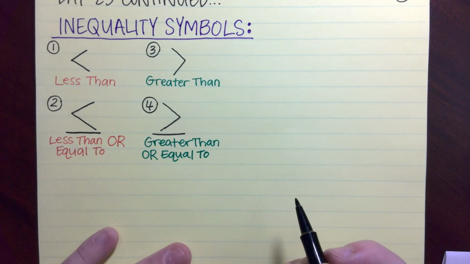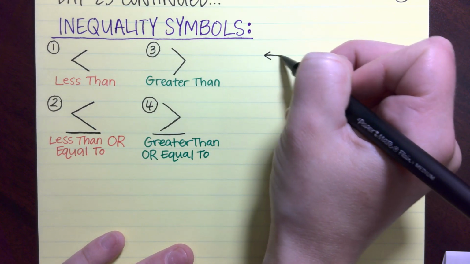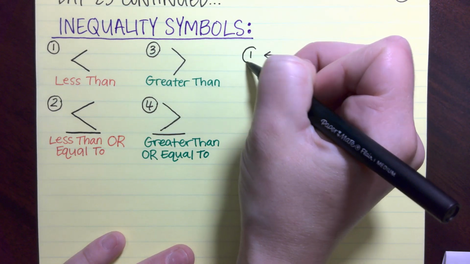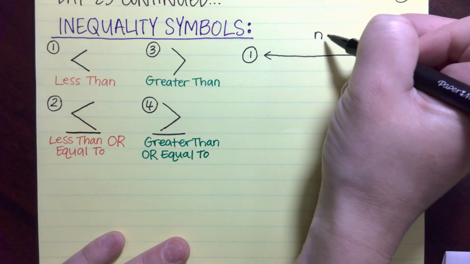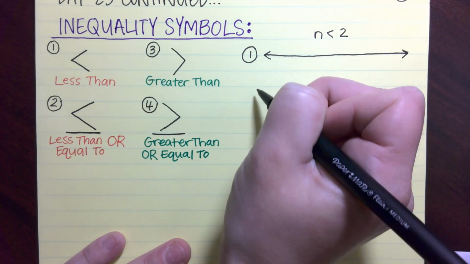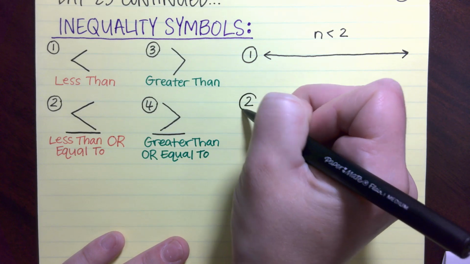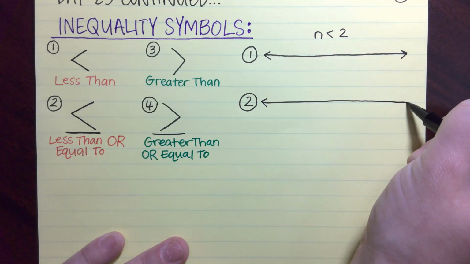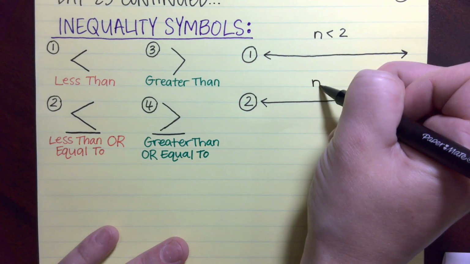Off to the side here, I'm going to do a graph with 1, 2, and I'm not going to make you solve this time. We're just going to focus on the symbols for this part.